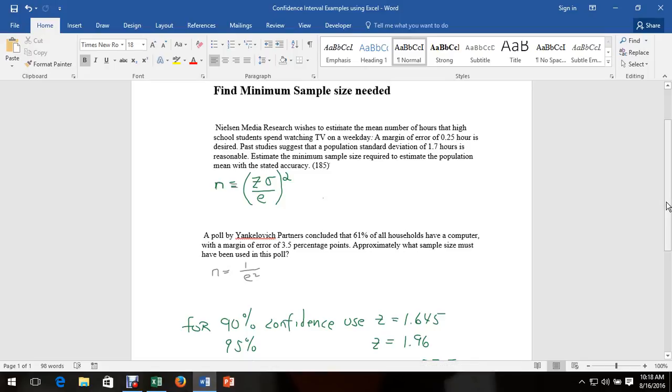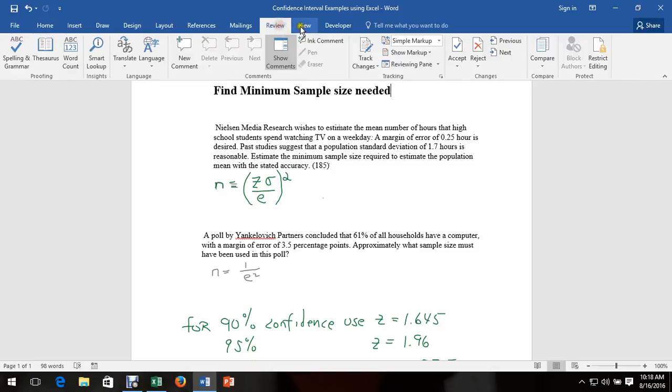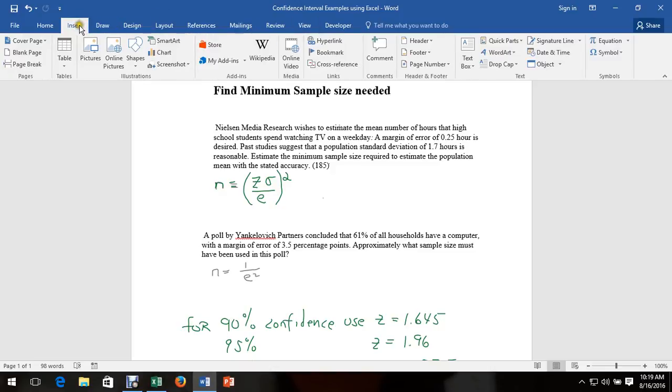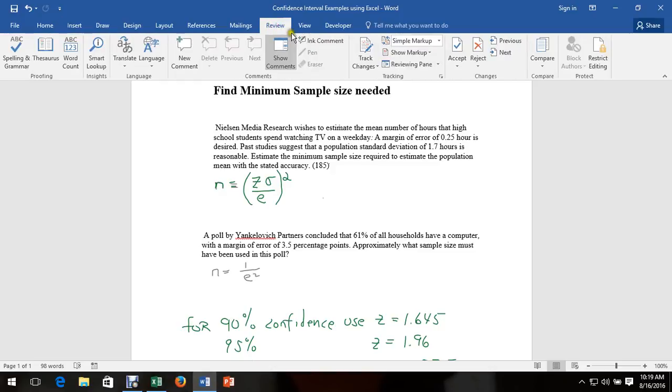We're looking for a minimum sample size that is needed. Now, the important thing, and I stress this all the time, is to read the problem carefully. Read the problem carefully. The reason for that is because that helps you determine what formula to use here.